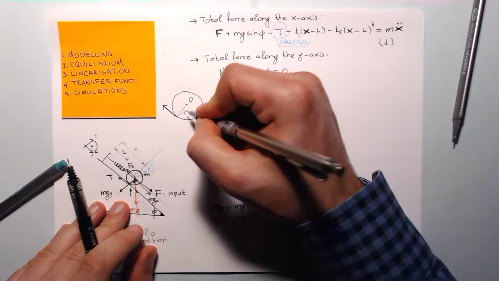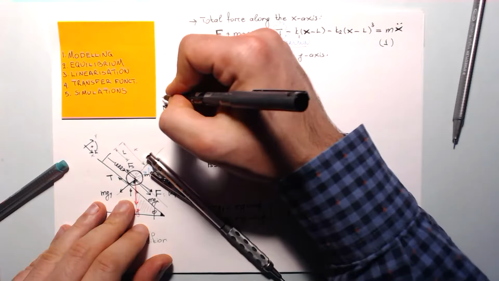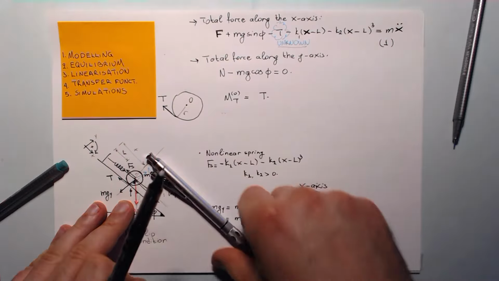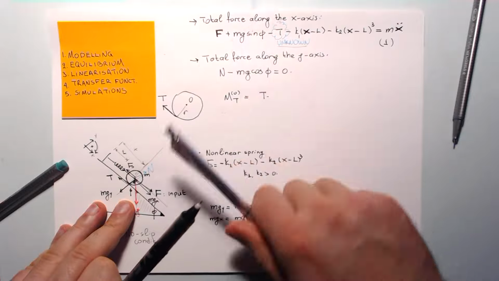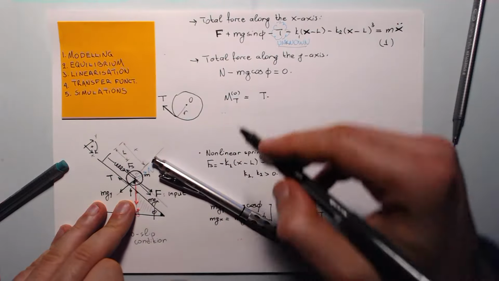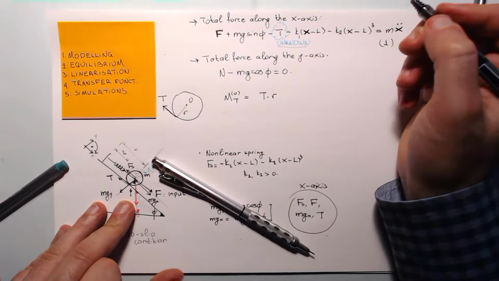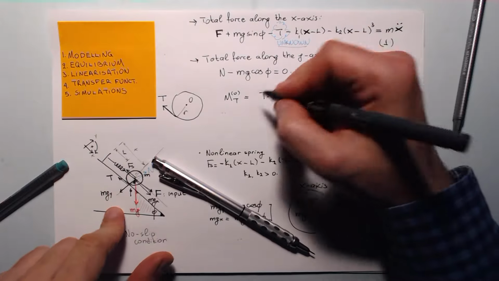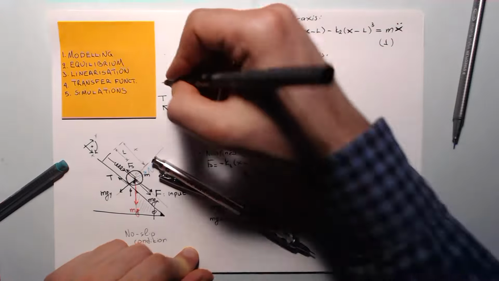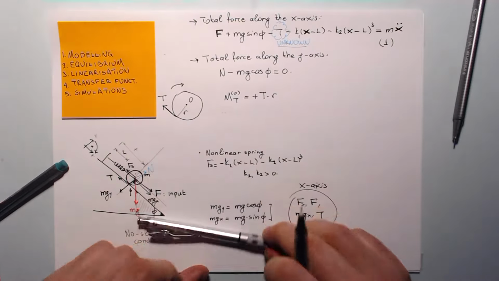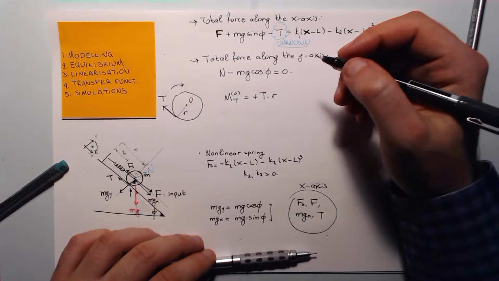It is the radius. So we have the force T, and here we have the radius R. So what is the torque? It is force times distance from the point O, which is T times R, and it is a positive torque because it tends to rotate the object in the clockwise direction, so T times R.